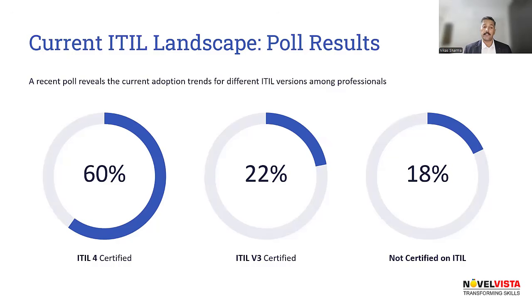These were the results: around 60% of people globally are certified on ITIL 4, 22% are certified on ITIL V3, and 18% were not certified. So ITIL is readily available in the market, and there are many people already certified on ITIL version 4.